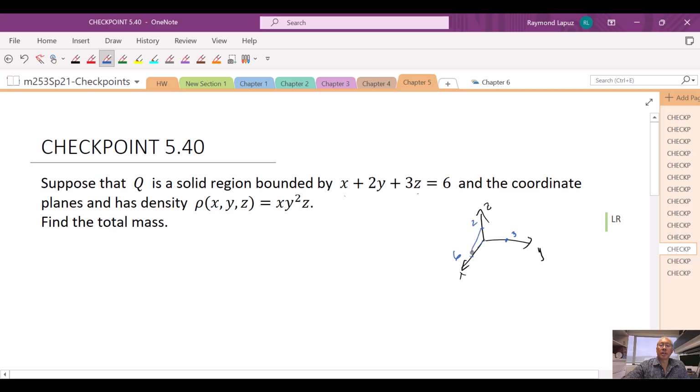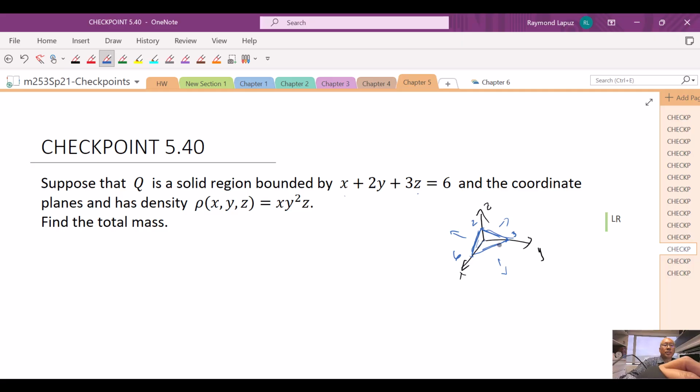So it looks like I'll have a plane that looks like this, and it actually extends in all directions, but we just care about what's happening when it gets cut off by the other coordinate planes.